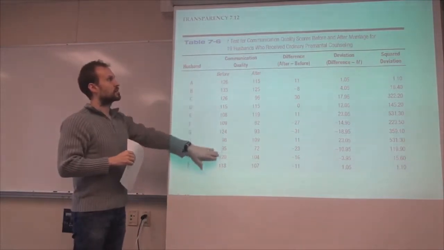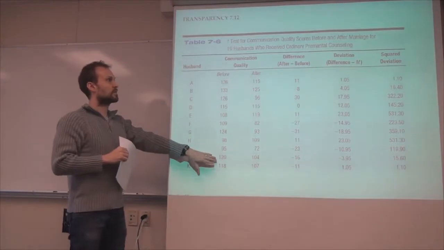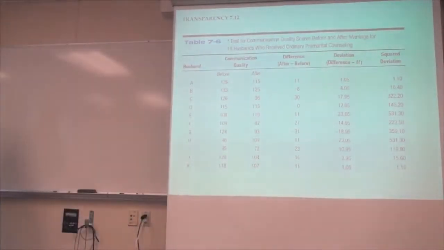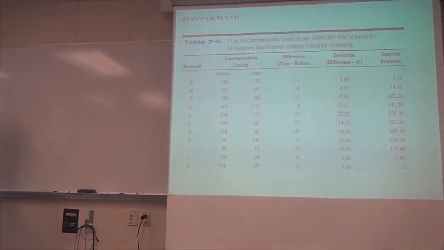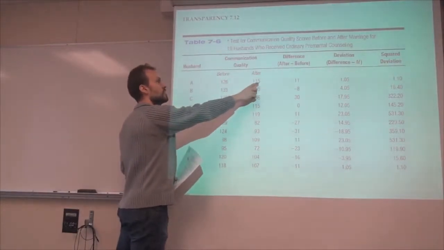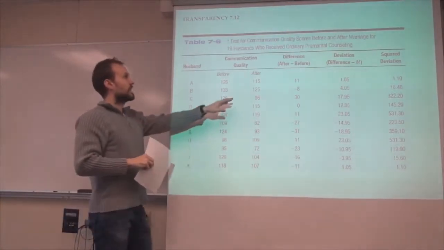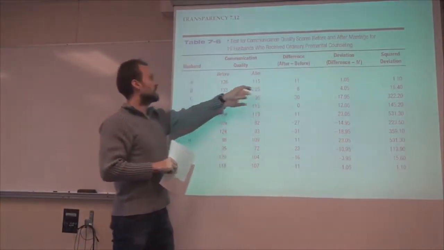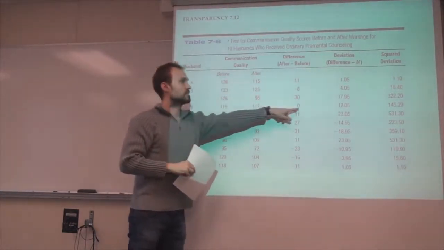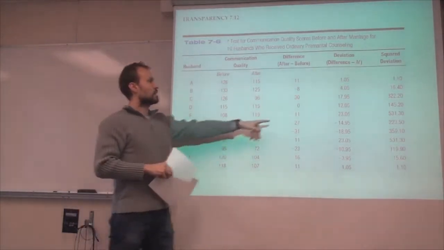They were rated on communication quality before getting married and then after the process. And I want to look at the difference, the after score, regardless if it's more or less, after minus before. So some of the people will have a negative difference, meaning that their communication quality actually dropped. Some of them stayed the same, so a zero difference would indicate staying the same.